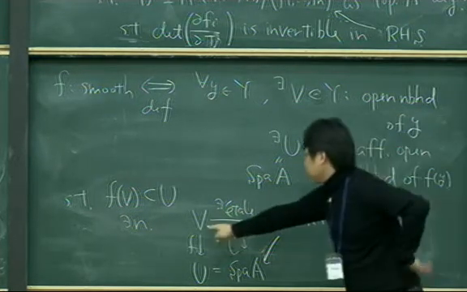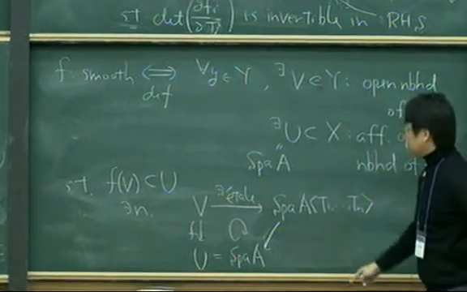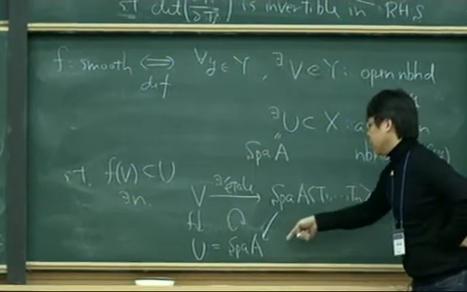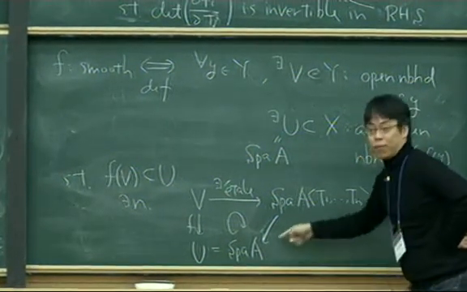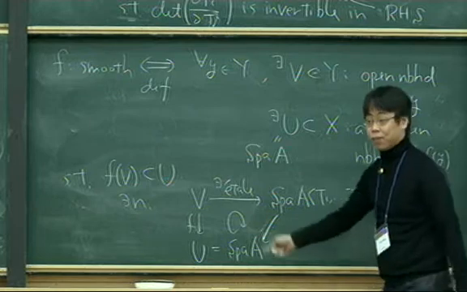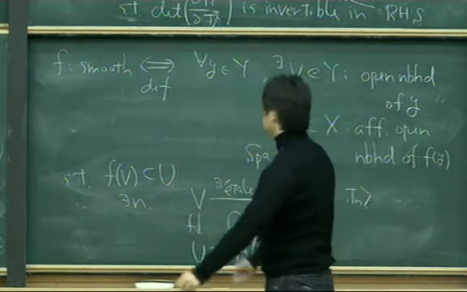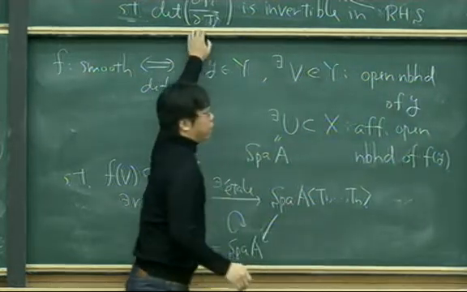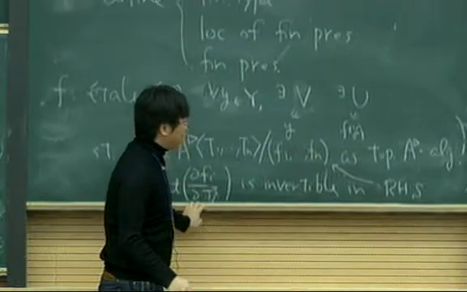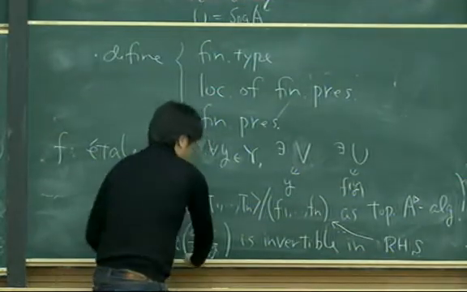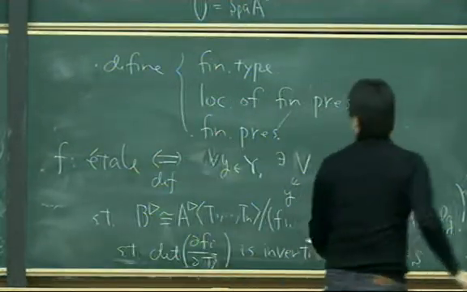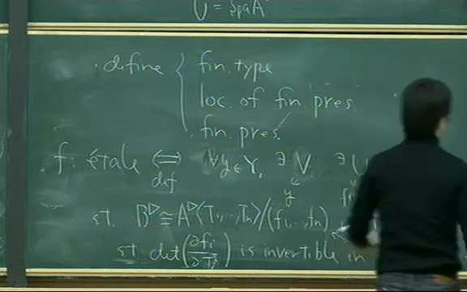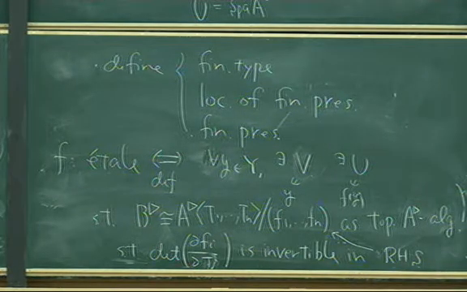Normally, this map is etale locally not affine, but a disk fibration, a constant disk fibration. This is the definition of smoothness. So finally, I give a definition of rigid space, and tomorrow I will use this definition to define the etale cohomology.